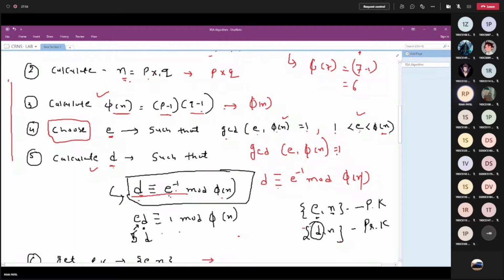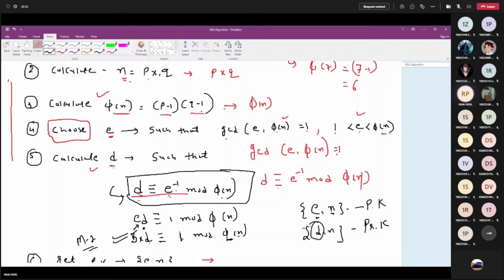So I need to multiply E by something in such a way that if I divide it by this number, phi N, I'll get the remainder 1. That is the interpretation. This example we already studied in multiplicative inverse. Yes or no? Getting it now, or shall I explain it again?